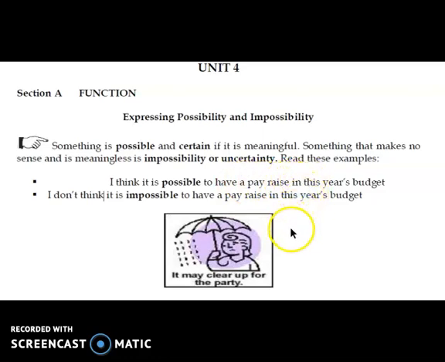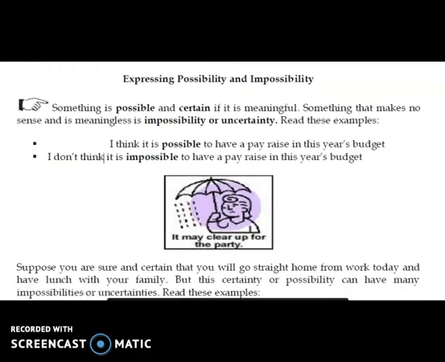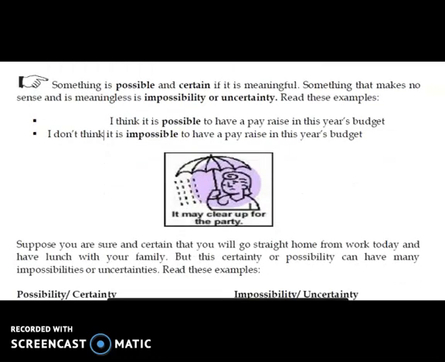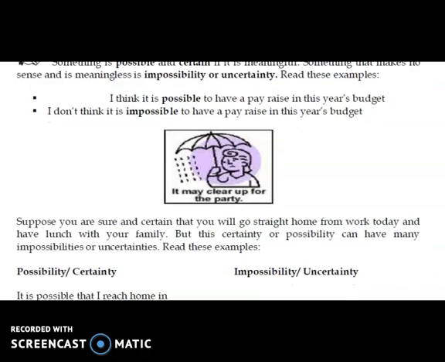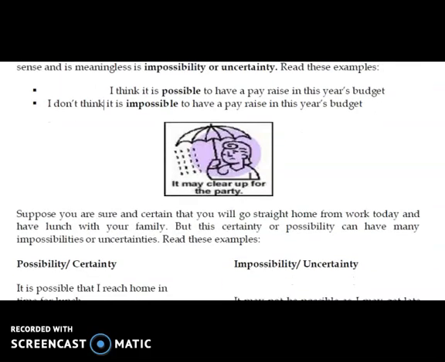Learners, we already talked about different modal verbs which express these possibilities and unpredictable situations. And these unpredictable situations are uncertain, they reflect uncertainty. So we are quite clear that there are two situations which are opposite to each other. One is possibility and certainty, and the other is impossibility and uncertainty, right?